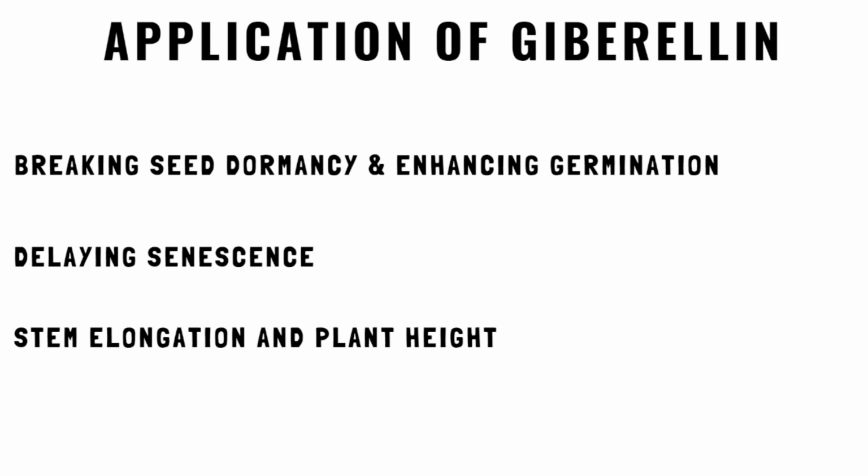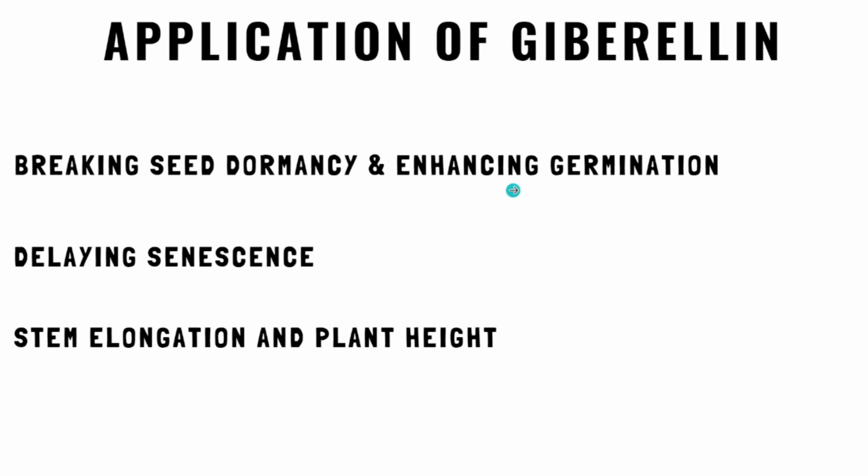Okay, so this is the application of gibberellin. First is breaking seed dormancy and enhancing seed germination, because gibberellin plays a role in seed germination. In extreme conditions, like a very cold environment or a light-deficient environment, gibberellin can initiate seed germination.